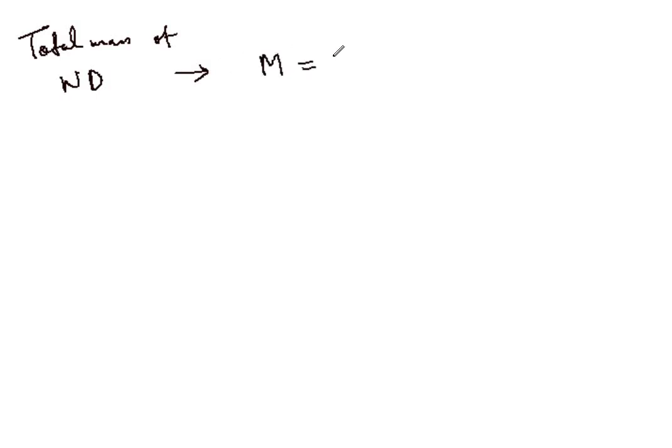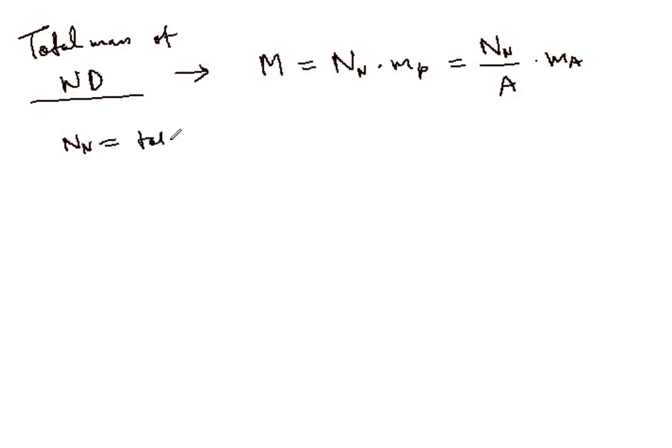So we have M is equal to Nn into Mp, or this is equal to Nn divided by A into Ma, where Nn is basically the total number of nucleons in the star.